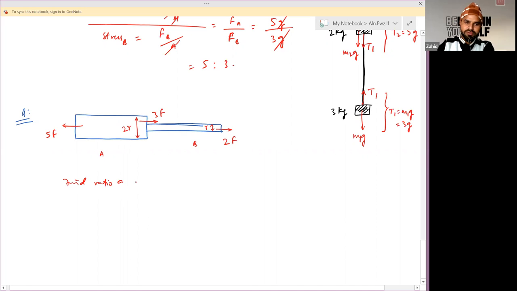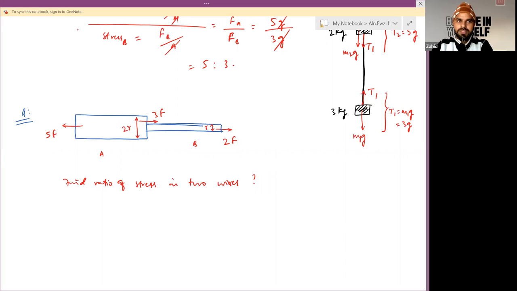Find ratio of stress in two wires. Try to solve. Yes, sir.